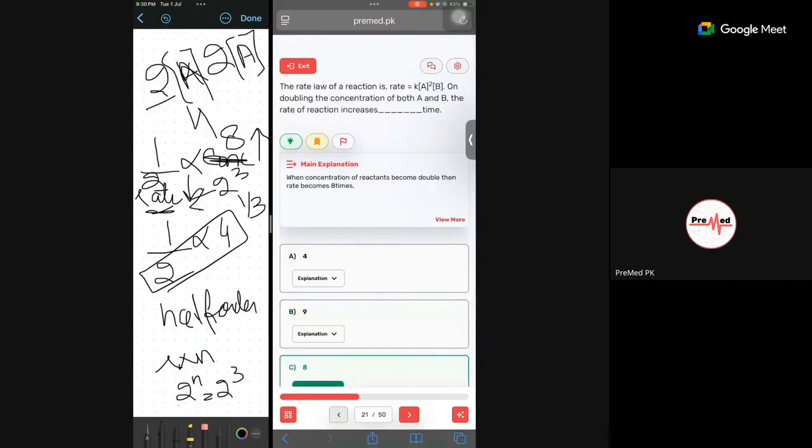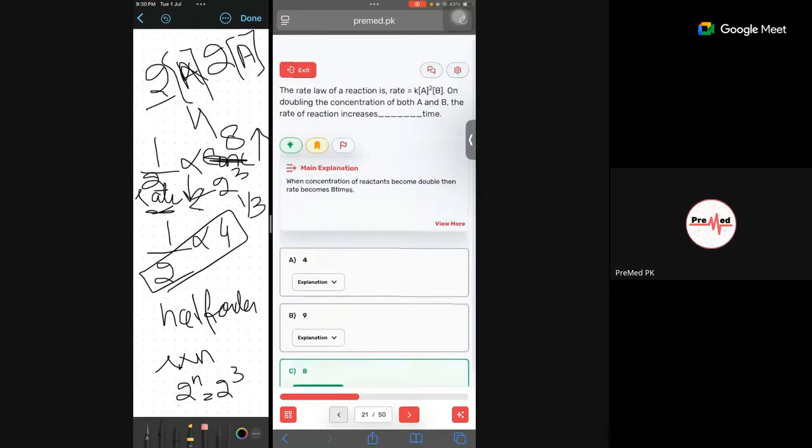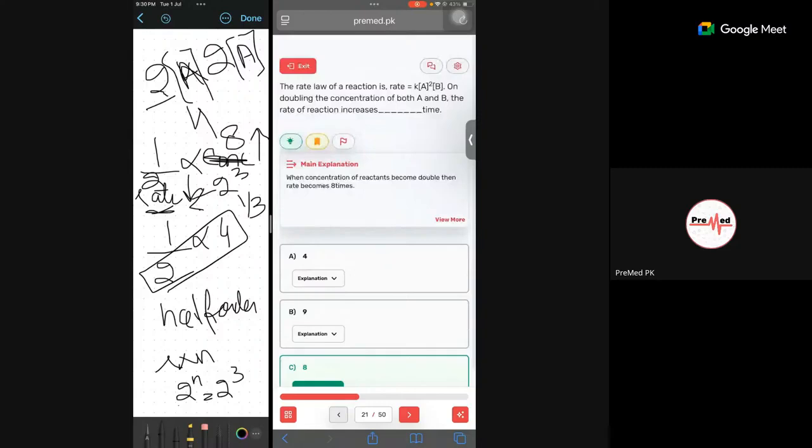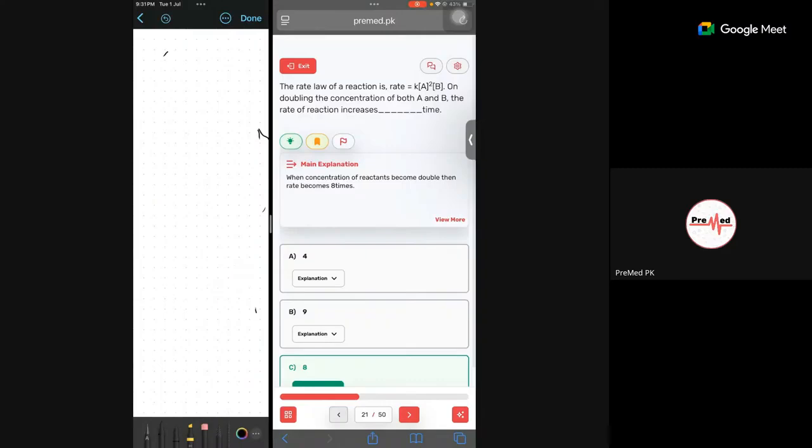Next, the rate law of a reaction is rate equals K, A squared B. On doubling the concentration of both A and B, the rate of reaction increases how many times? Well, it's very simple. We are doubling both of these concentrations.